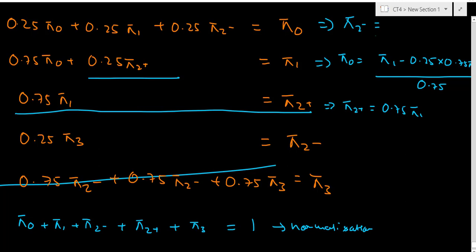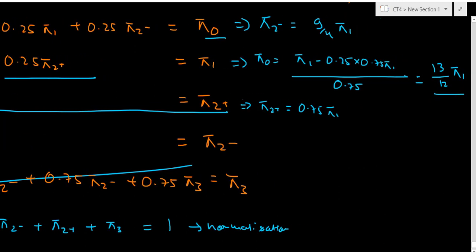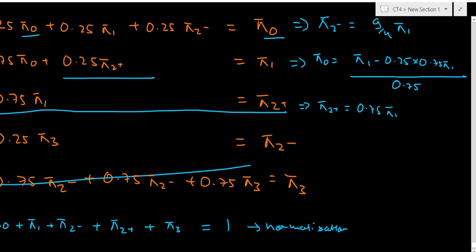Pi 2 minus would be equal to, if I send everything on the other side, 9 by 4 pi 1. You can try this. You'll have to substitute the value of pi 0 here and here as 13 by 12 pi 1, and then if you send everything on the other side, you'll get pi 2 minus is equal to 9 by 4 pi 1.